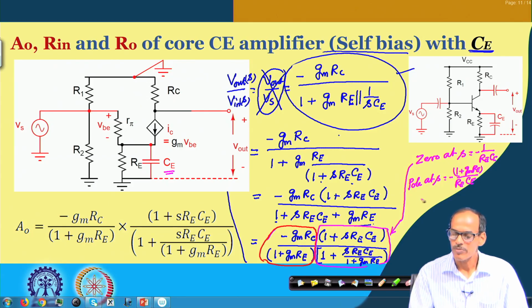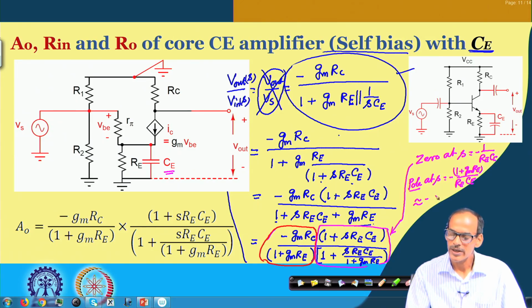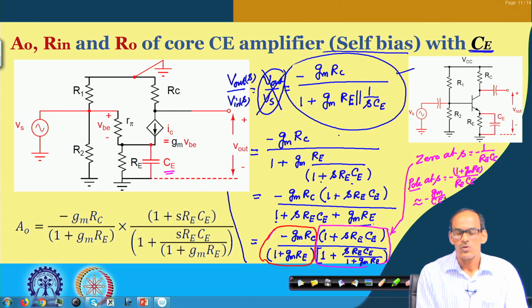In fact, you may approximate this location of the pole. The pole location can be approximated by considering that this part is dominating and the Re part is getting cancelled, so you may say that this is Gm by Ce.